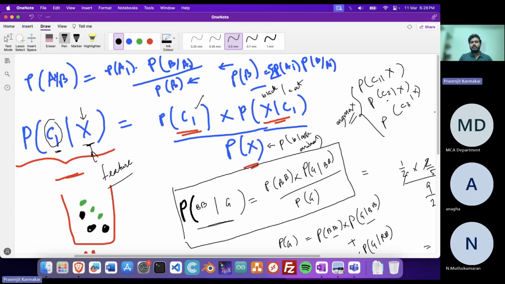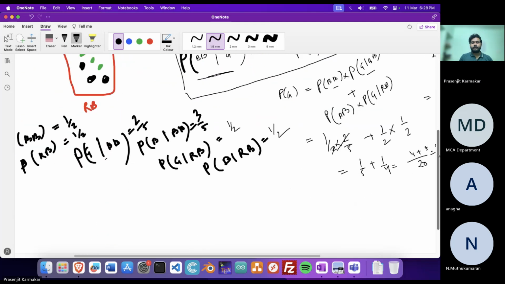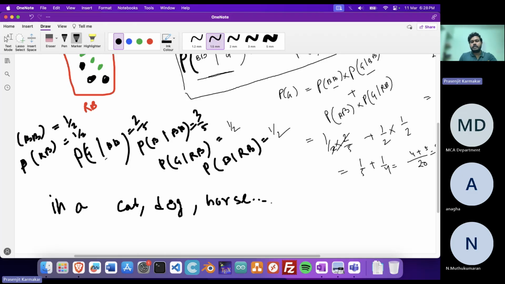So let's write it properly somewhere. Let's say cat, dog, horse, like this. These are my possible classes. Let's say I have n number of classes. This is my possible label set.